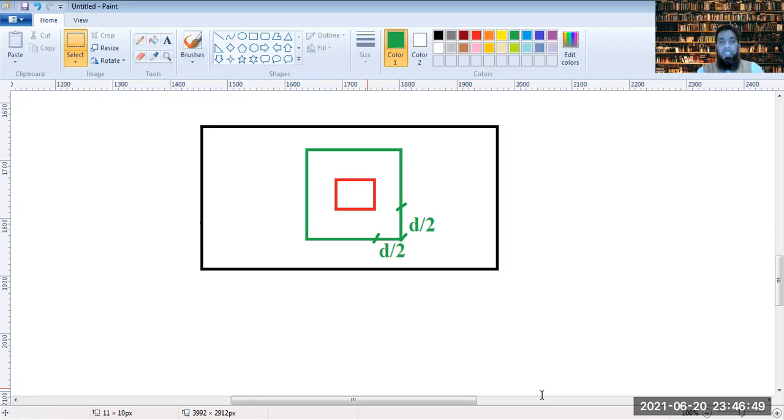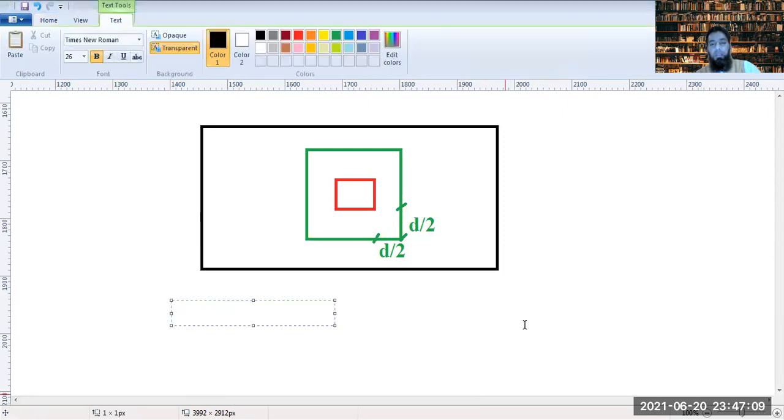So we can easily determine the two-way shear criteria along this critical section. How? We need to first determine what is the value of d.